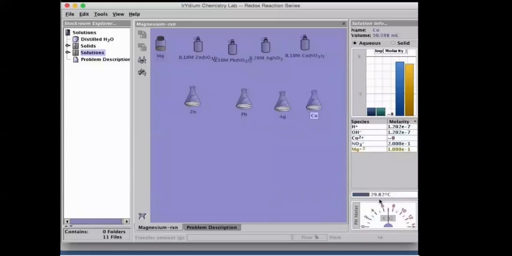So we can say that magnesium from metallic form has been converted to magnesium 2 plus, which is the oxidation reaction. Magnesium to magnesium 2 plus is the oxidation reaction. Whereas copper 2 plus is missing, where has it gone? We have to see that. Copper 2 plus is not there, it is 0.